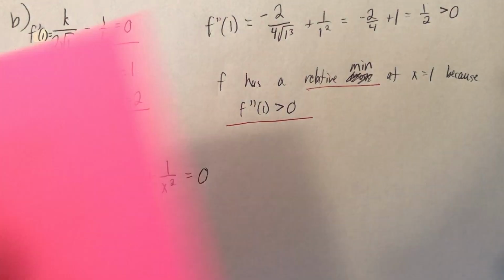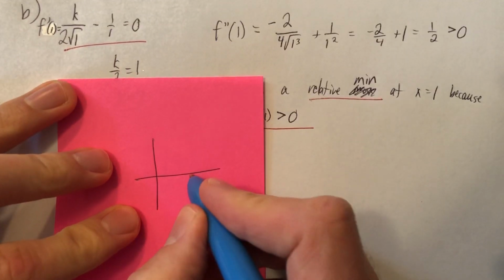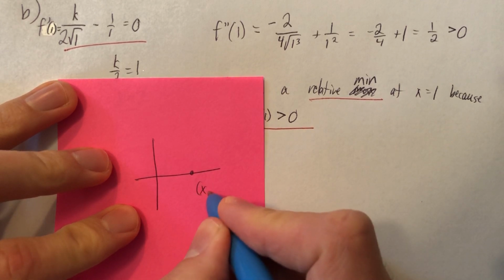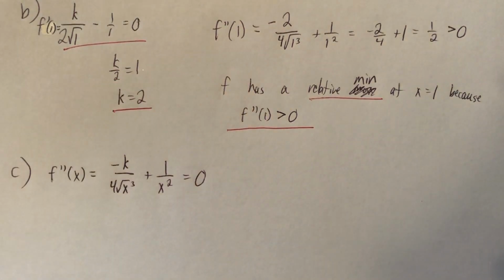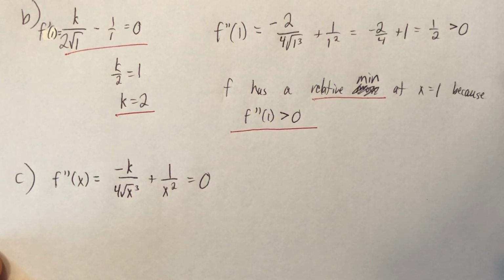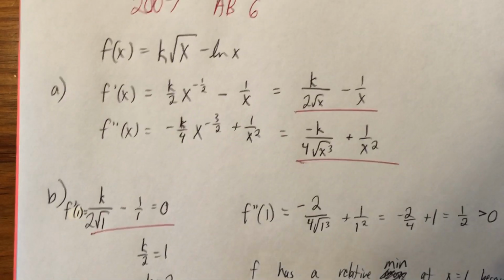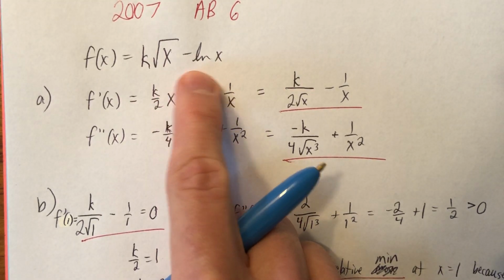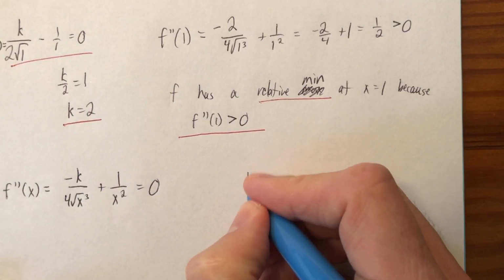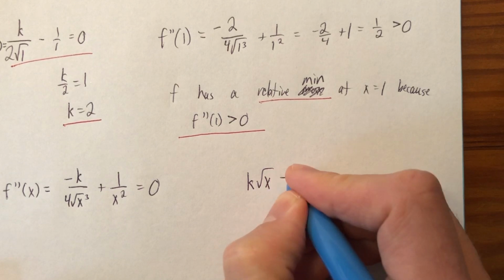So if I'm sitting right here, I don't know what the x value is, but it's x comma something, right? So the y value is 0 of the function, not of the derivative or the second derivative. So I'm going to set the function equal to 0 too. I had to think about that for a little while, and that's perfectly okay.